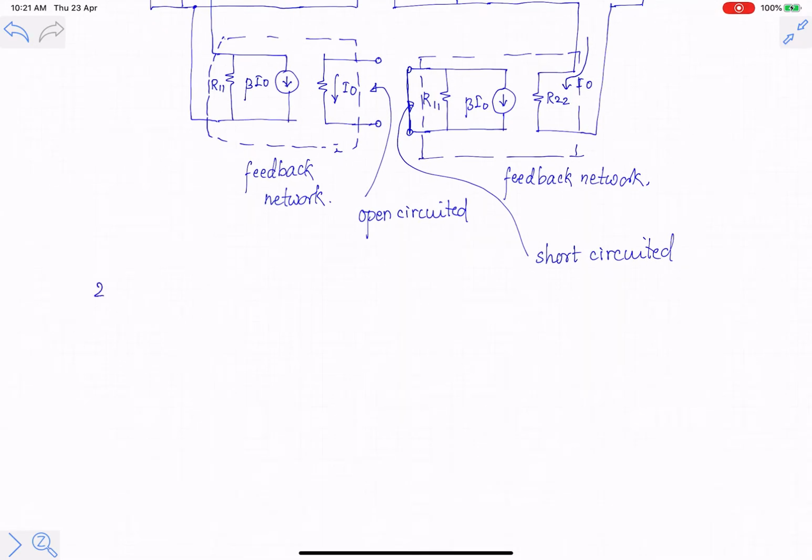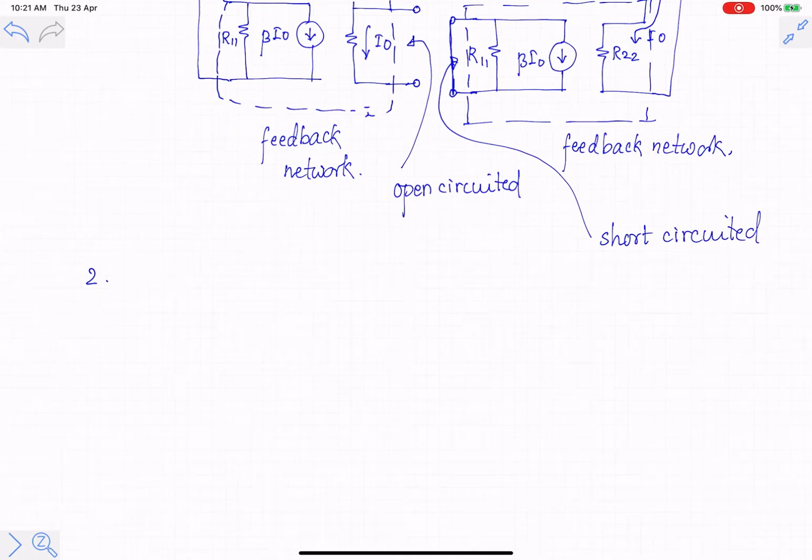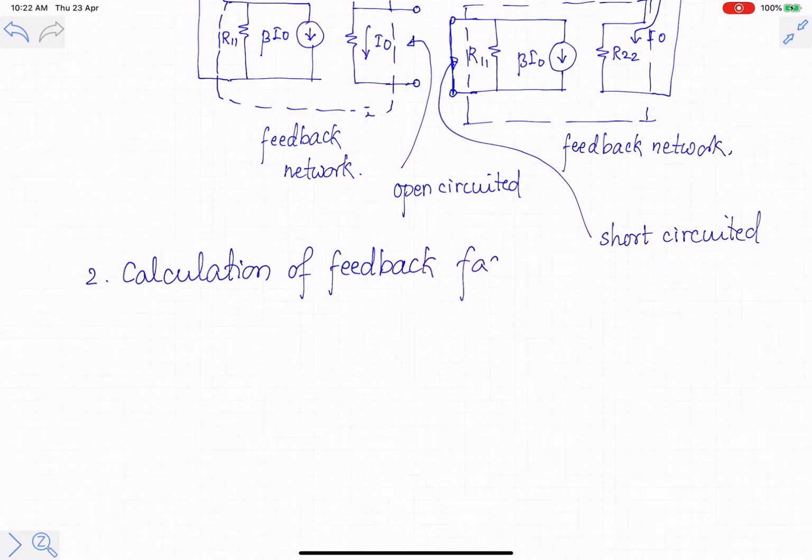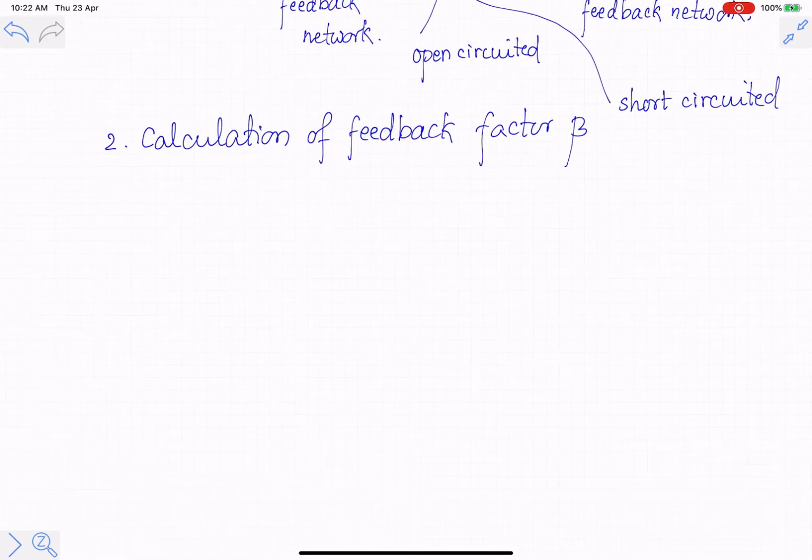Second is the calculation of the feedback factor beta. So I will again draw the feedback network.